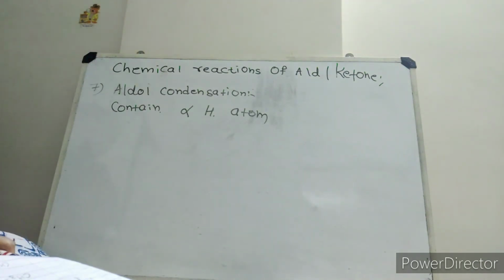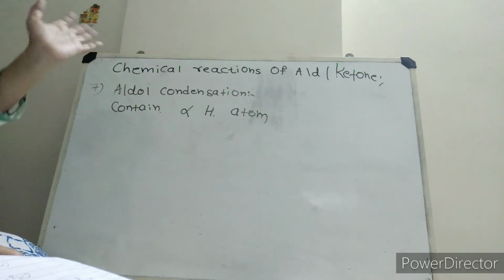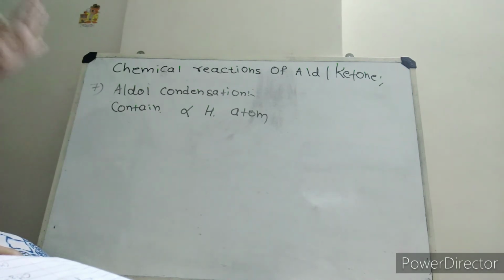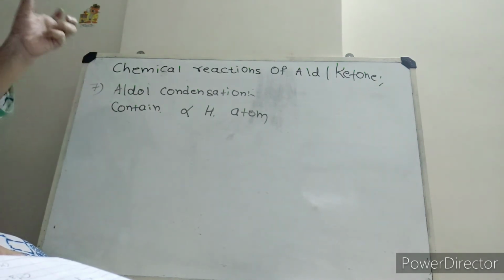Such an aldehyde with alpha hydrogen reacts with dilute NaOH or KOH or Na2CO3 to form beta-hydroxyaldehyde. It is also known as the aldol, hence it is known as the aldol reaction.